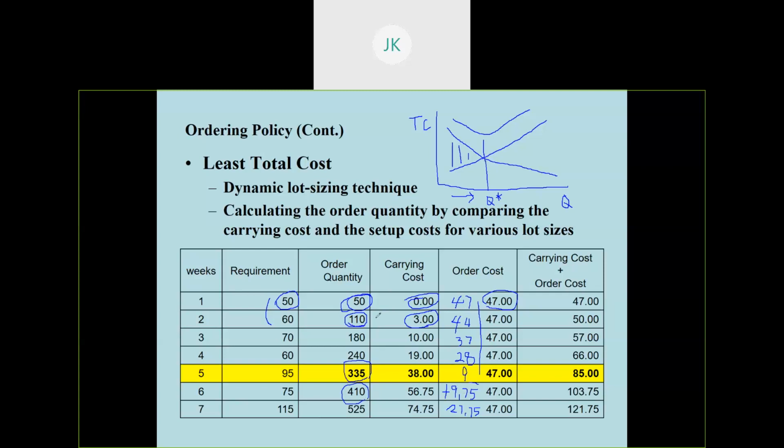But if we order like this, then among those order quantities, the smallest difference is this one. So if we use the least total cost ordering rule or policy, then 335 order quantity is optimal.